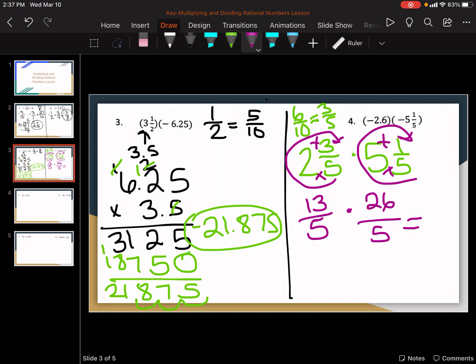13 times 26 is 338 divided by 25. Goes in 1 time.